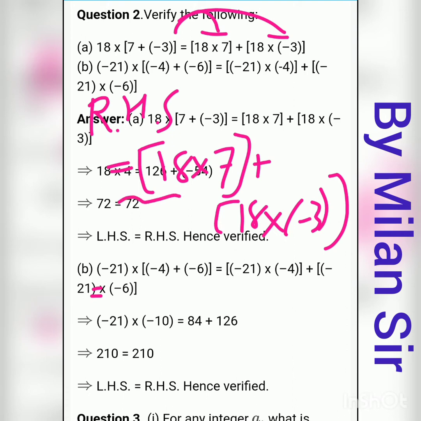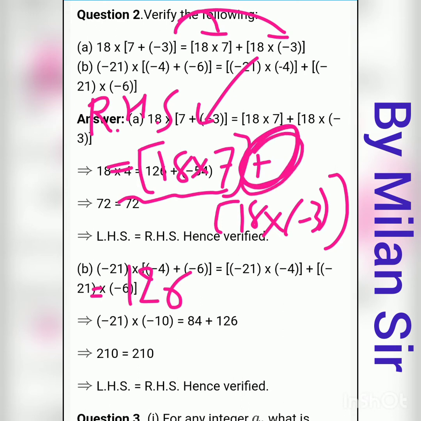In the first bracket we have 18 multiplied by 7. 18 sevens are 126, right? Both have positive signs, so the sign is positive. So 18 sevens are 126, plus. Now we need to solve this bracket.